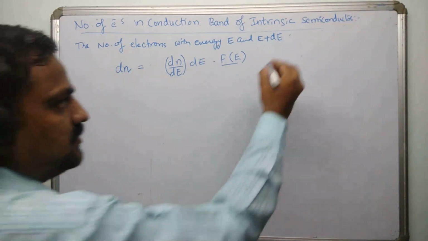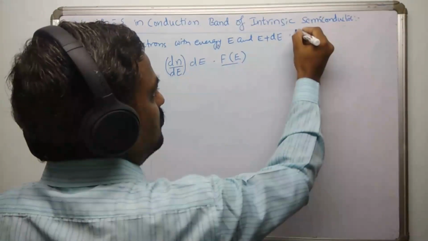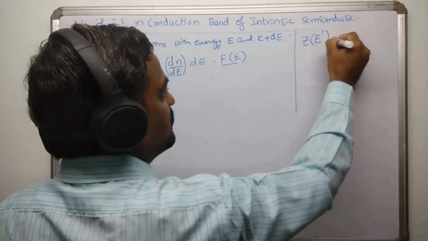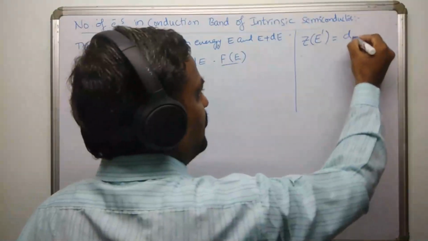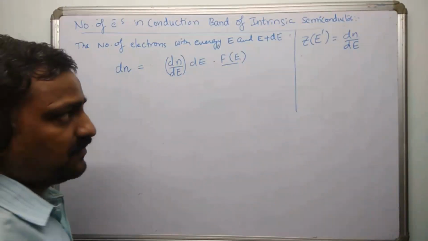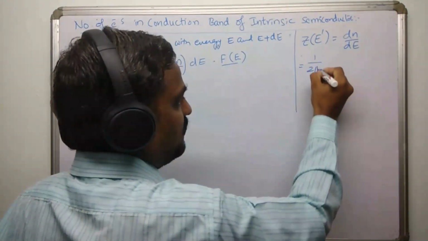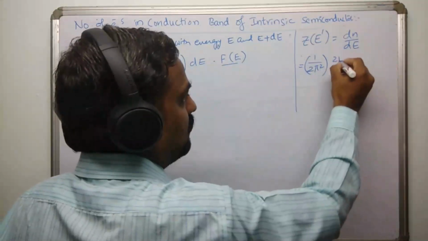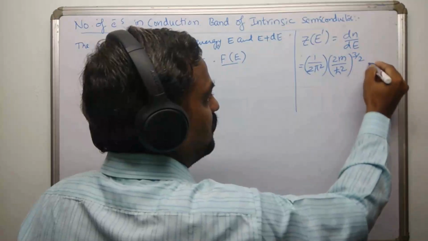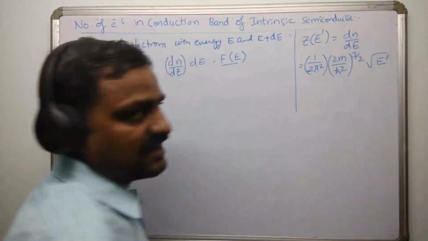Right. So here you have to remember that Z of E dash is nothing but dn by dE. And please recall the expression for Z of E. Z of E is nothing but 1 by 2 pi square into 2m by h cross square whole power 3 by 2 root E. Of course, here I am using E dash, so I'll denote this as E dash.